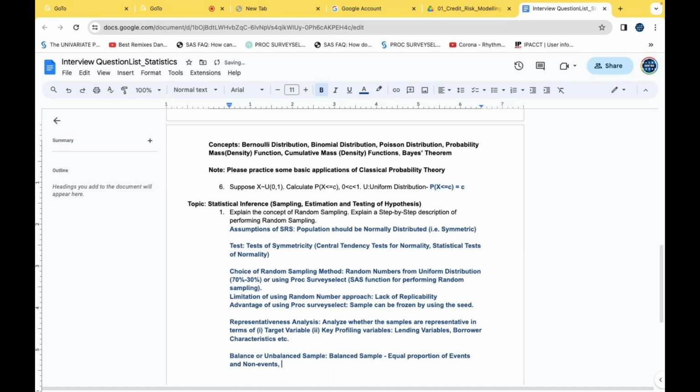Even I develop most of my models on unbalanced samples. So an unequal proportion of events and non-events is your unbalanced sample.